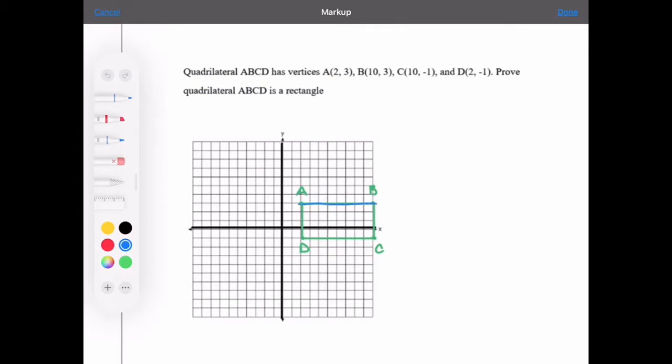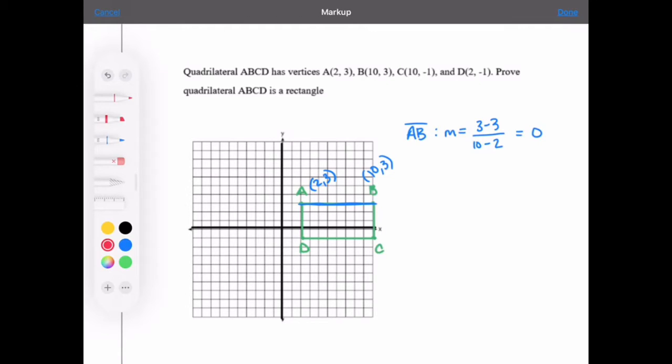So why don't we start with AB right here? In blue, we know that A is (2, 3), and we know that B is (10, 3). So slope, rise over run, AB, m is equal to 3 minus 3 over 10 minus 2, and that gives us 0.